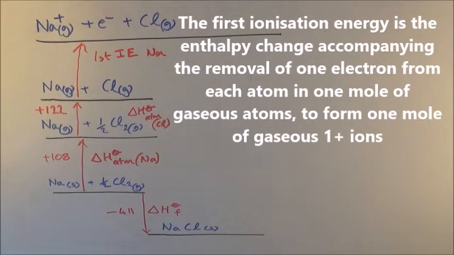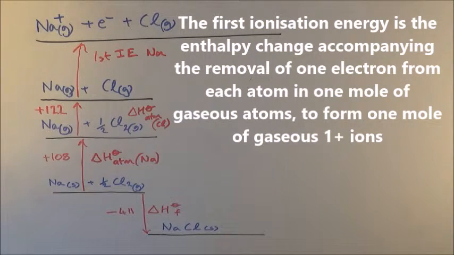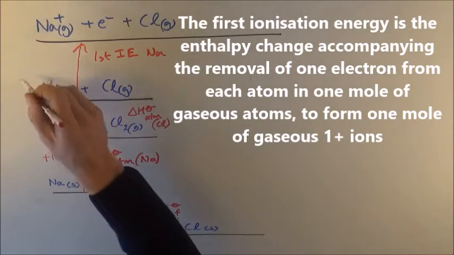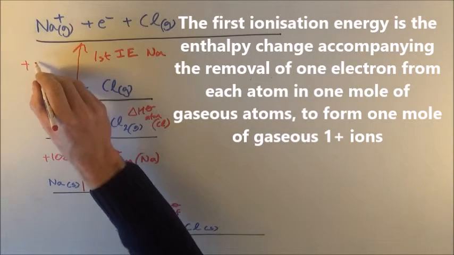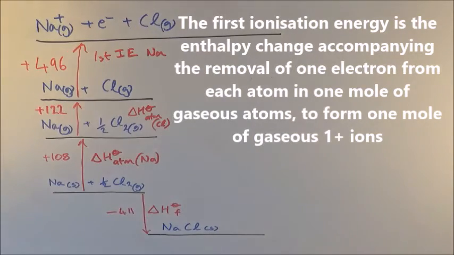As you remember from AS, it's the enthalpy change when a mole of 1 plus ions is formed from a mole of the atoms, everything in the gaseous state, and each gaseous atom loses 1 electron. So that's endothermic, and that's going to be plus 496 kilojoules per mole.